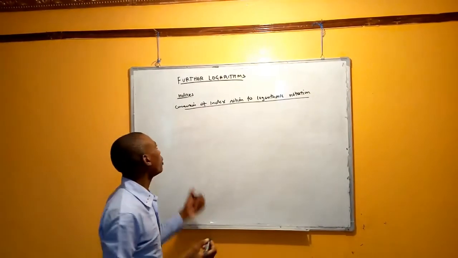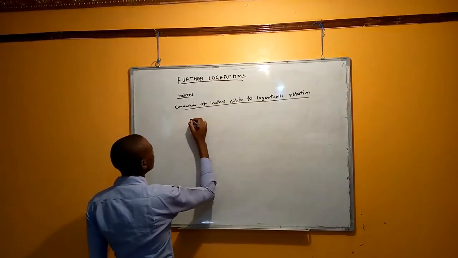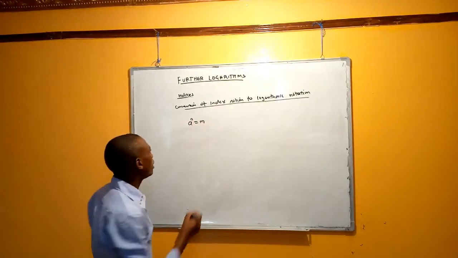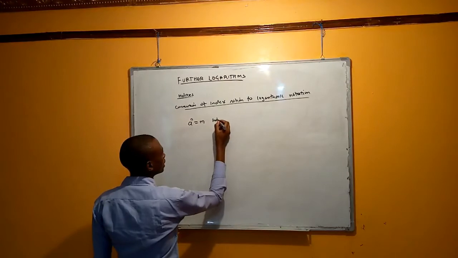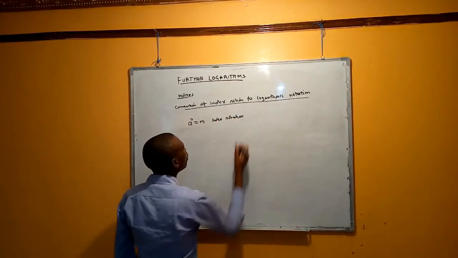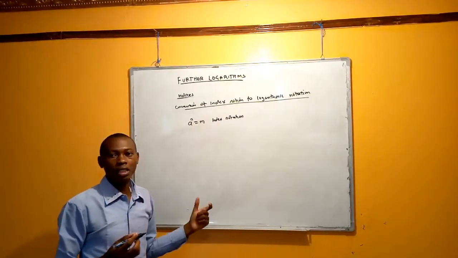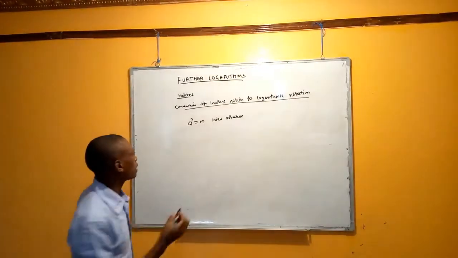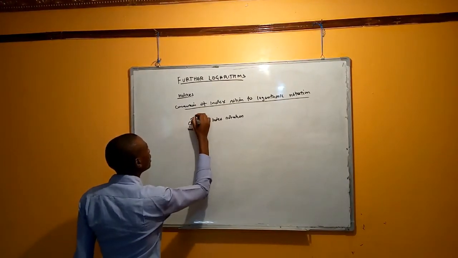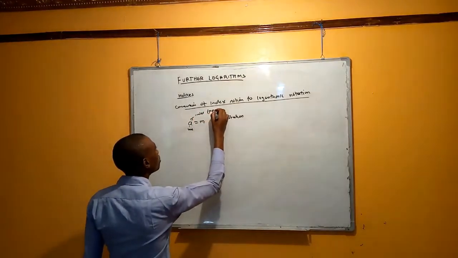The general form of an index notation: if you are given a raised to power n is equal to m, this is what we call an index notation. Now we want to convert the index notation into logarithmic notation. Bearing in mind that a is our base, and n is our index, the index is the same as the power.